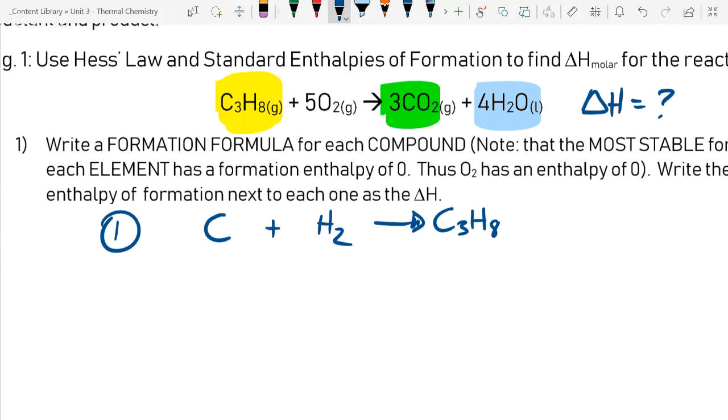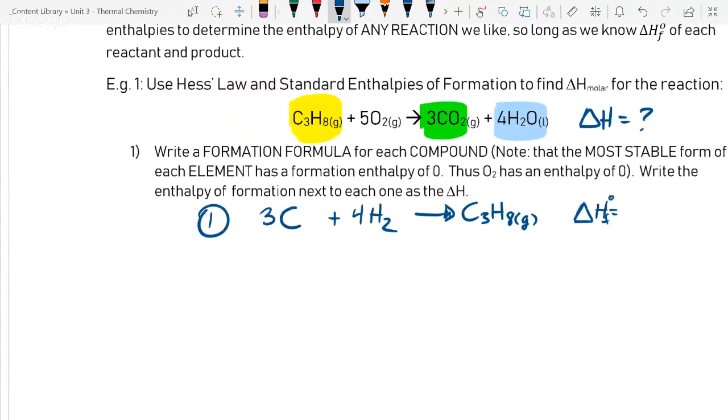Okay. Hey, what is needed to balance this? Cool. Now, the delta H for this, we can just look up, right? And it should be on the previous page.